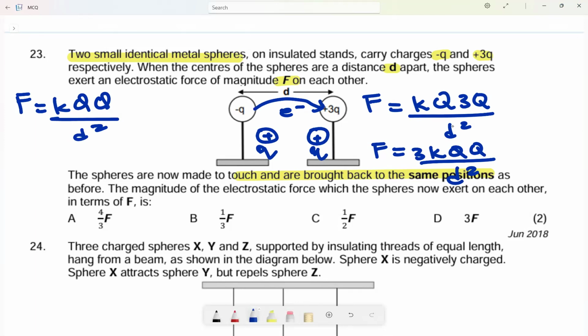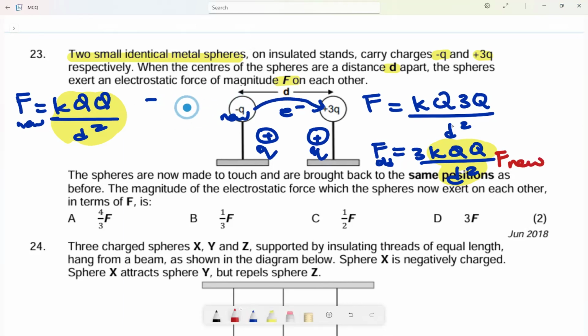Now, when you compare this to that, can you see that this is the old and this is the new? The old one is 3 times the new one: F old is 3 times F new. Why? The part kQQ divided by d squared is the same as that one, so I can substitute it by F new.